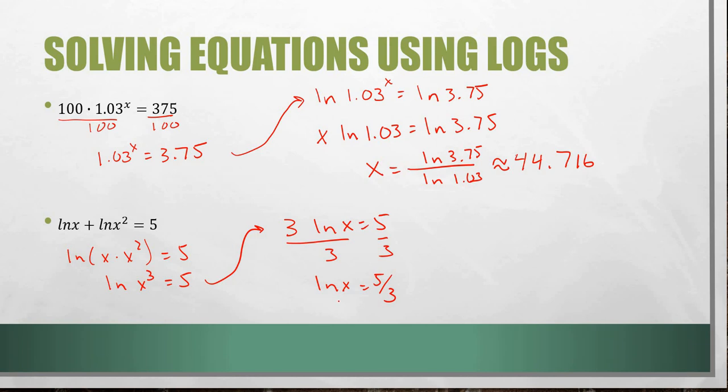Again, remember that this is base e, so if I rewrite this as an exponential, e to the 5/3 equals x. Oh, I didn't do this one. Hold on, I'll grab my calculator quickly. So I've got e raised to the 5/3 power, and I get approximately 5.2945.